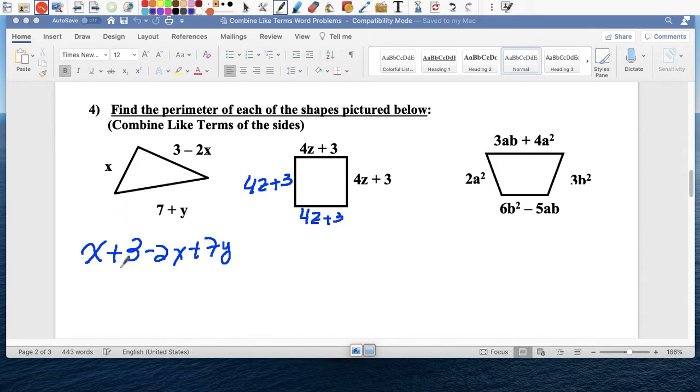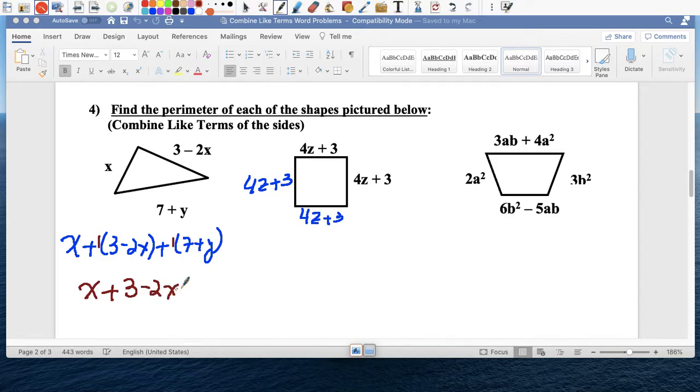So let's do a triangle first. So, hold on, let me put the parentheses here. x plus 3 minus 2x plus 7 plus y. Put my invisible 1 over there. I remove the parentheses and notice that it's the same thing. So once you start understanding that, notice that I didn't even need to put the parentheses because it was a positive 1, and you can just write it like this.